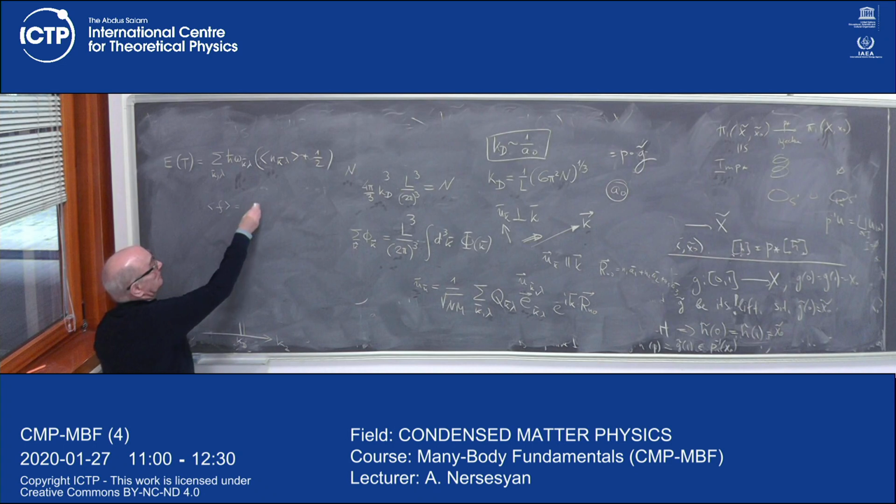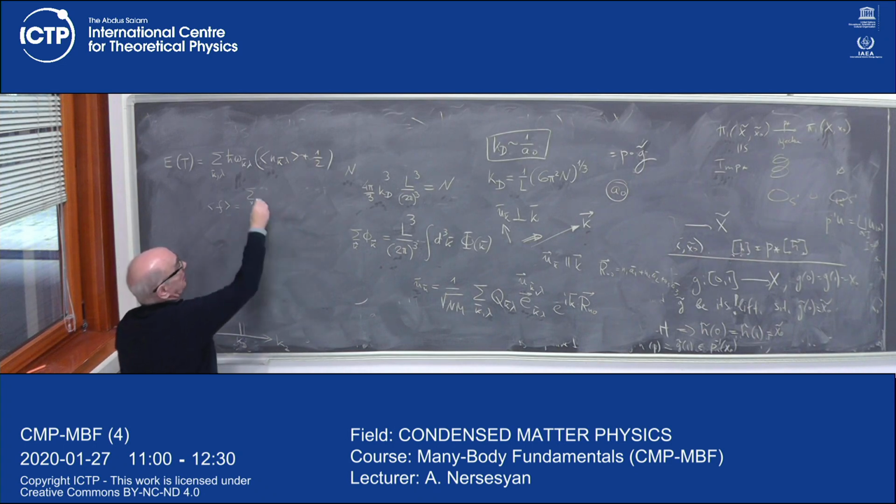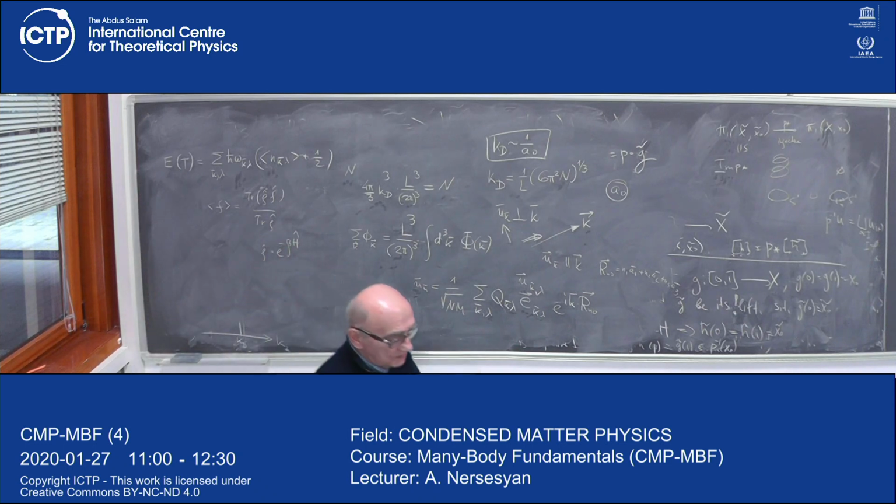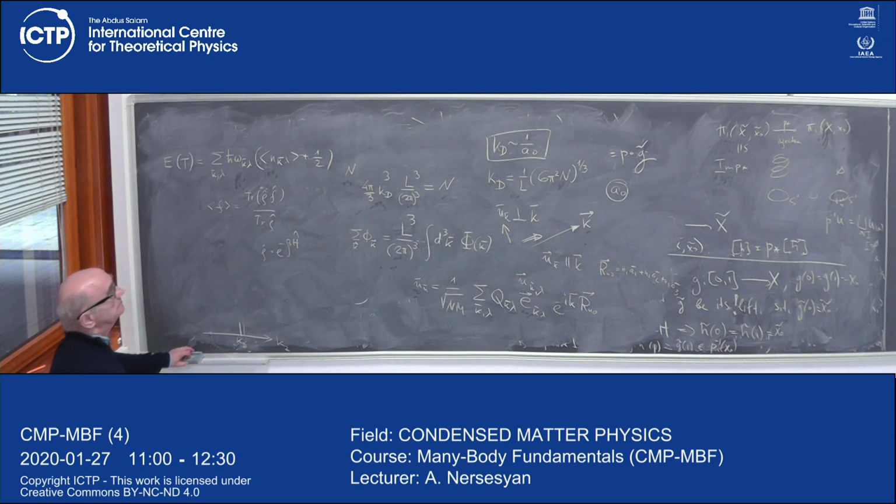For instance, if I label by mu any state, then what I need to do will be, let me put it in the standard form, trace of rho f, where rho is the density matrix. Or otherwise you calculate the free energy, it doesn't matter, it's just the same. There are millions of ways to do the business.